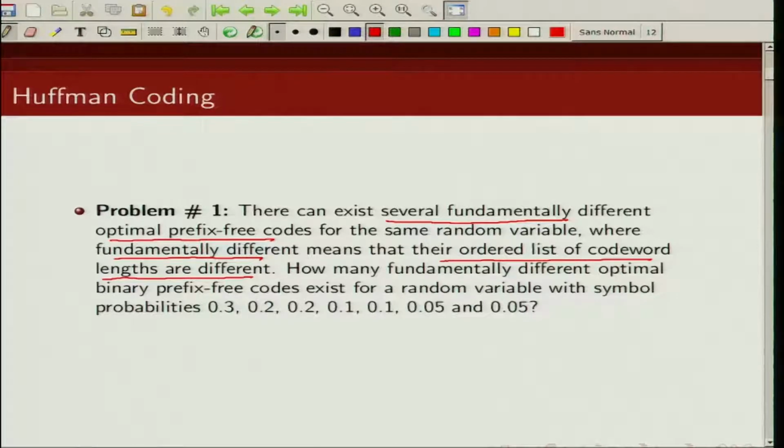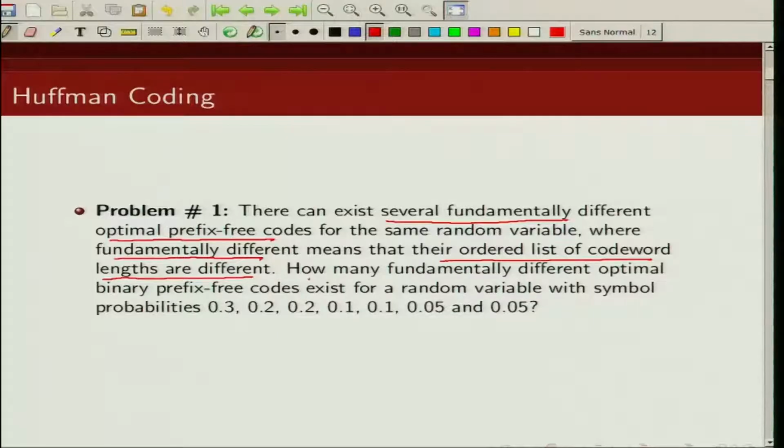So when I say fundamentally different optimal prefix-free codes, I mean these are Huffman codes, and if I arrange the Huffman codes by the length of the code words, their ordered lists of code word lengths are different.